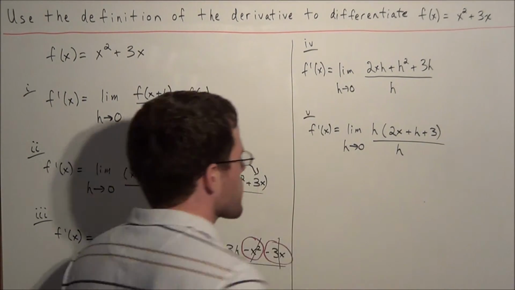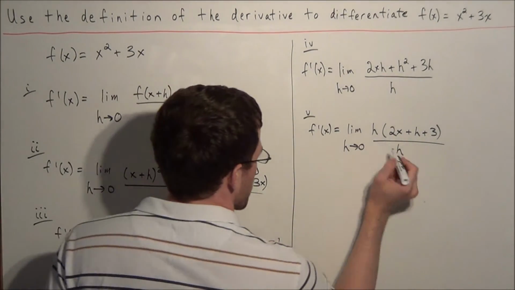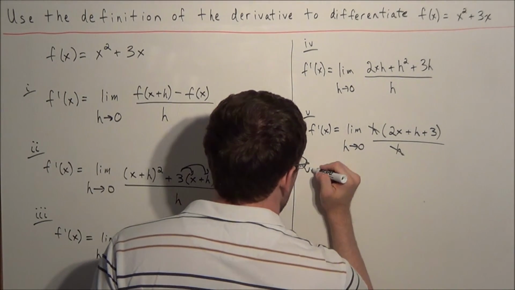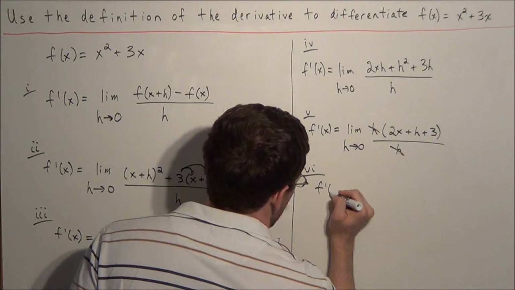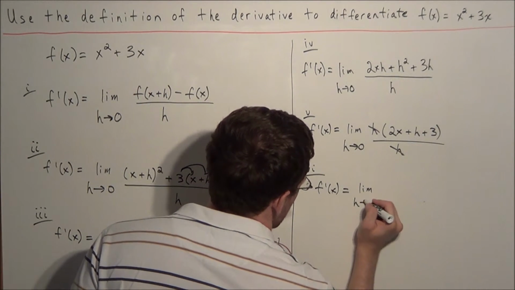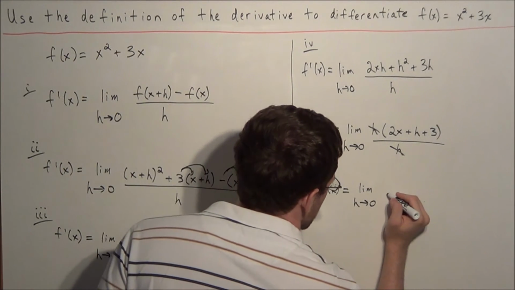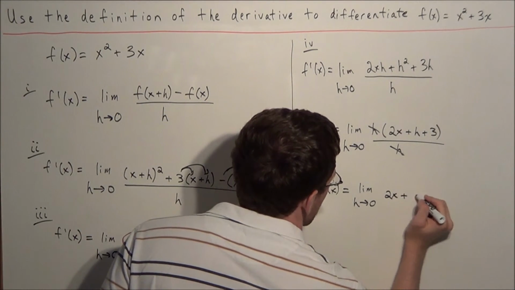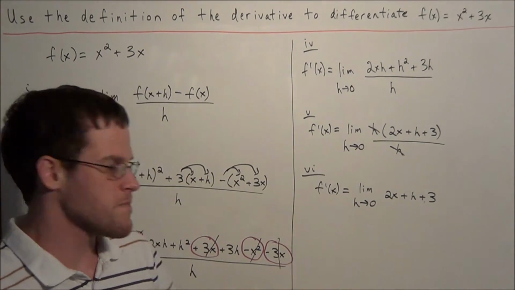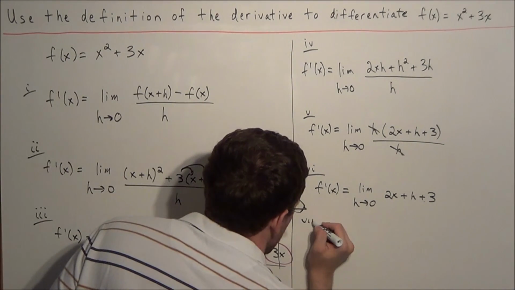Now h divided by h will cancel. So for line 6, we're looking at f prime of x is equal to the limit as h approaches 0, and all we have now is 2x plus h plus 3. So now this is a basic limit, so we could write our answer.